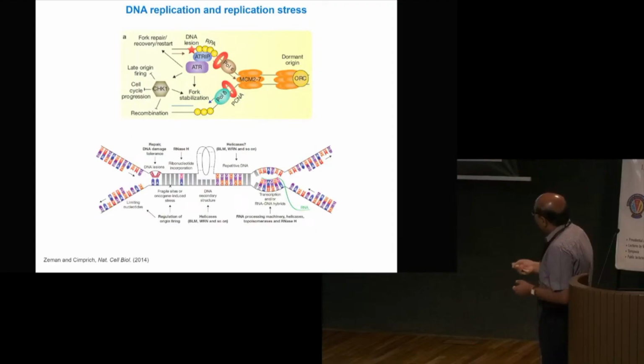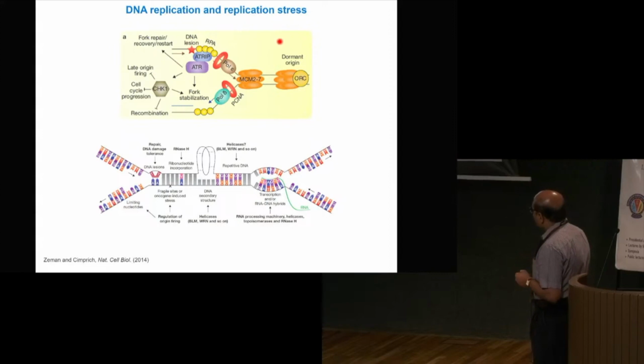There are multiple factors required for DNA replication in mammalian cells. The most important ones are the MCM helicases, Pol epsilon, which is required for leading strand synthesis, Pol delta for lagging strand DNA synthesis, PCNA, the clamp, and the RPA protein. Replication is not a very smooth process in our cells.